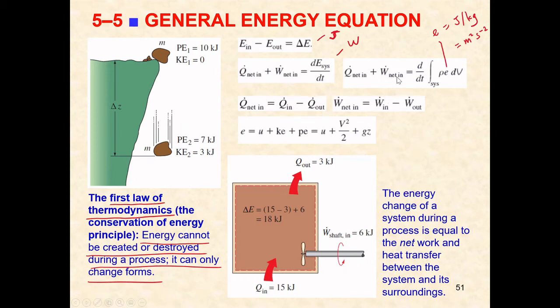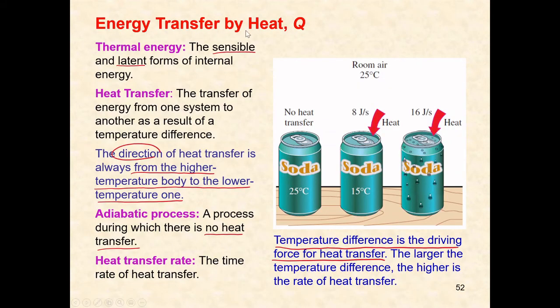W net in is the work entering the system or the work taken out of the system, and E itself is given by the internal energy plus kinetic energy plus potential energy. Energy transfer by heat Q. Thermal energy has two forms of internal energy: sensible and latent.